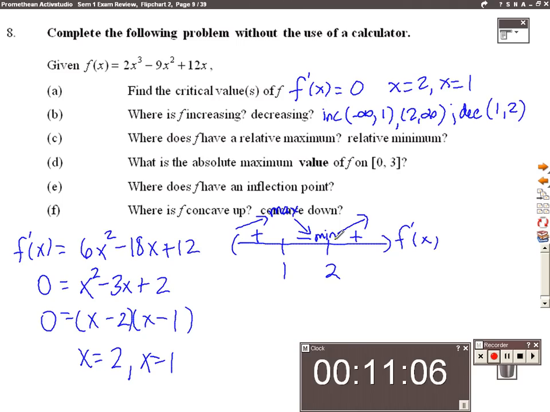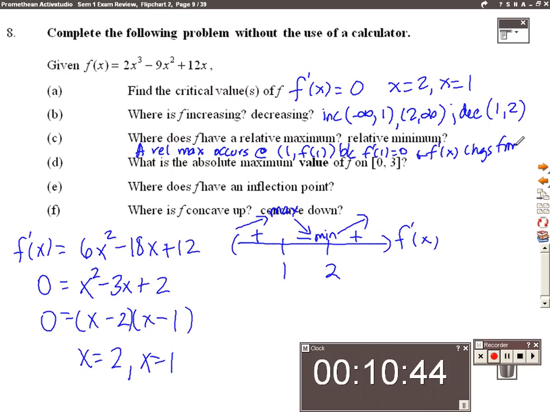We would say a relative max occurs at x equals 1, f of 1, because the first derivative at 1 is equal to 0, and f prime of x changes from positive to negative. So that's the sentence we're looking for if this is a show-your-work part of the exam.